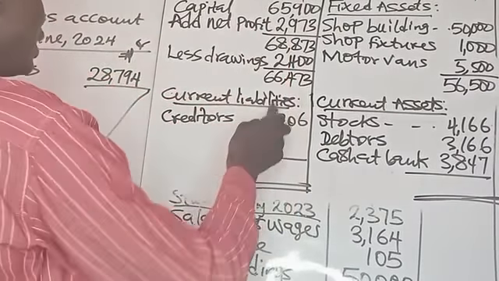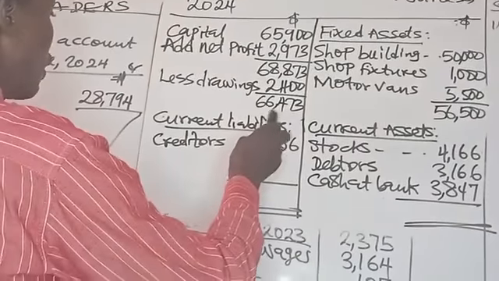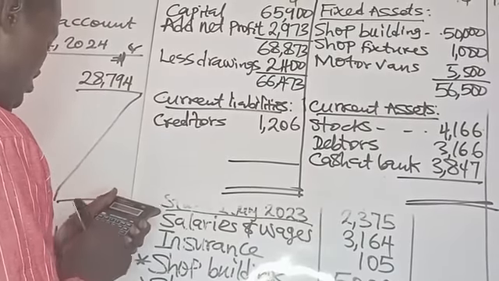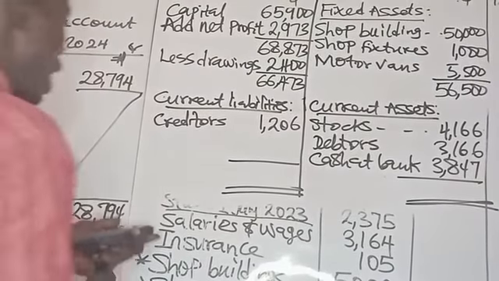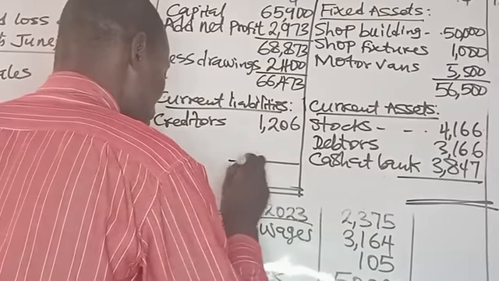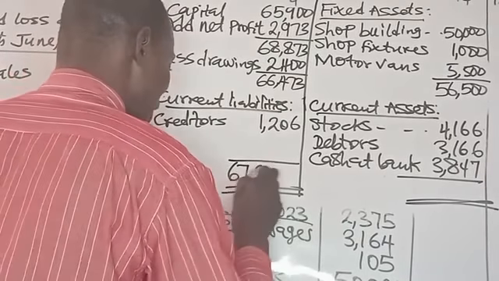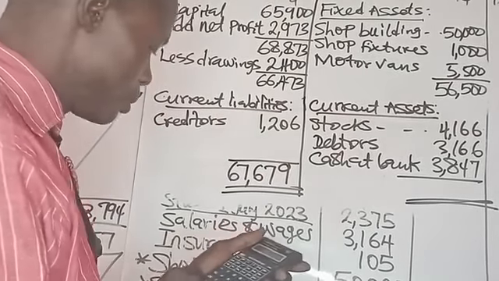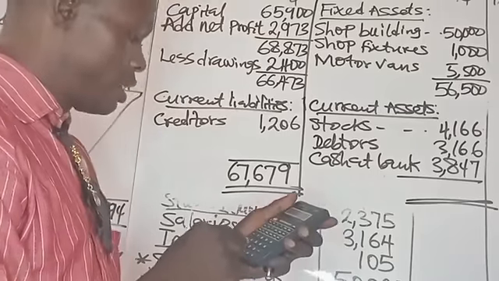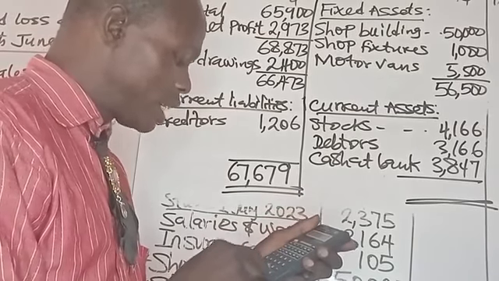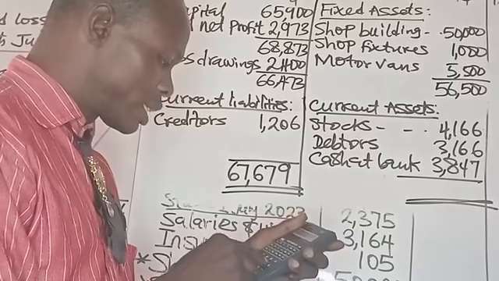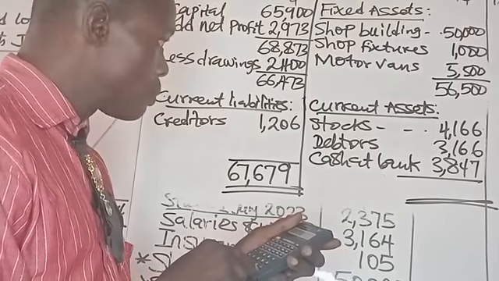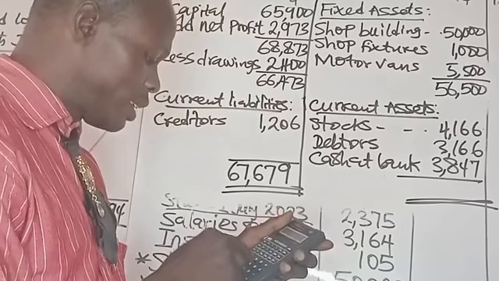Now, the left hand side, 66,473 plus 1,206. We have 67,679. That is the total of the left hand side. Now the right hand side, we have 56,500 plus 4,166 plus 3,166 plus 3,847.